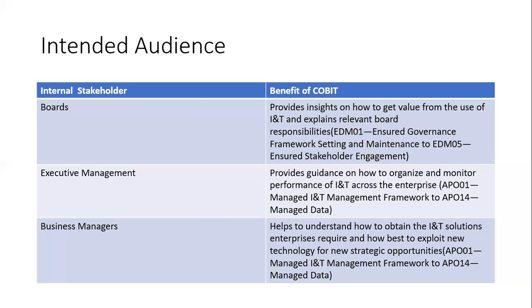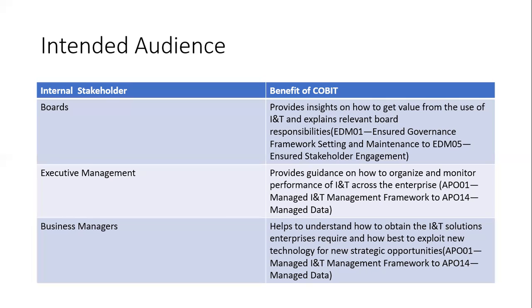Then we have the executive management. COBIT provides guidance on how to organize and monitor performance of I&T across the enterprise. For executive management, their job is to run with the strategy, the policy, and the direction that the board of directors have set. So executive management needs guidance on how to organize and how to monitor performance.